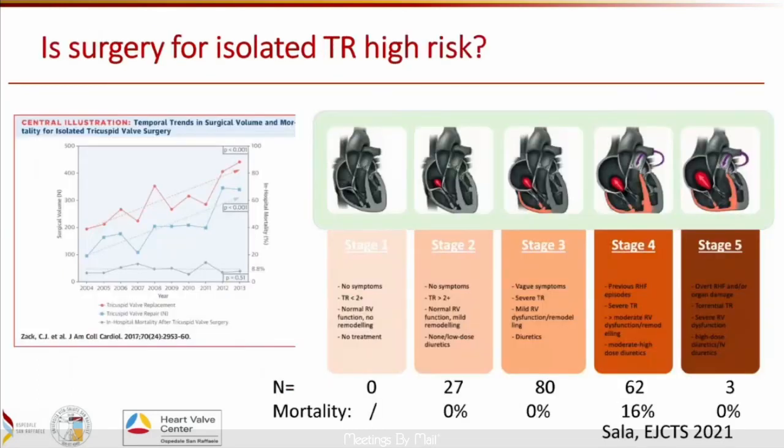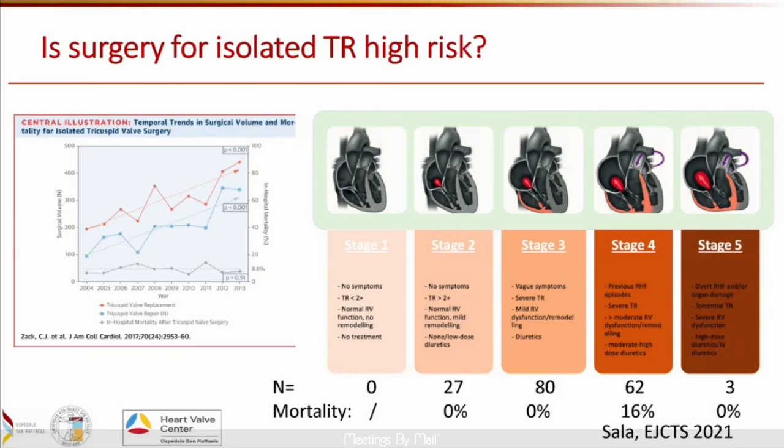And by the way, let's now start the discussion about the update on surgery and transcatheter interventions. Surgery is considered to be high risk for these patients, which is fake news. Surgery is high risk in high risk patients. If you have a low risk patient, surgery is a perfect solution.